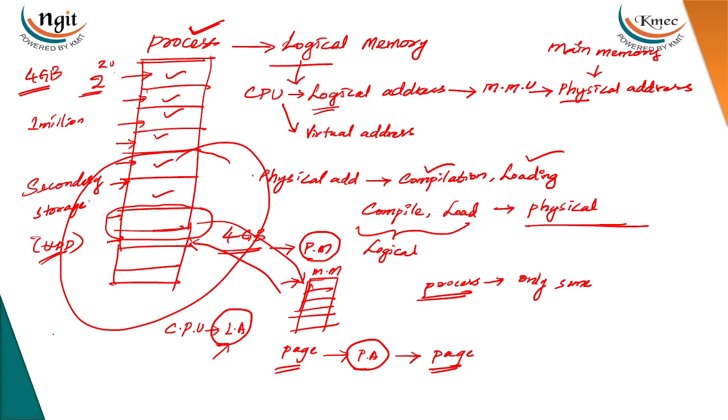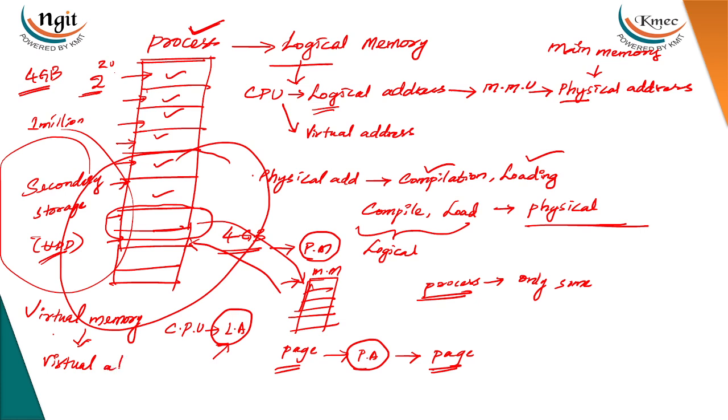That is the reason this memory, even though it is stored in secondary storage, we consider as virtual memory, because physically it is not available in the physical memory; it is only virtually available. The addresses corresponding to this virtual memory are called virtual addresses.